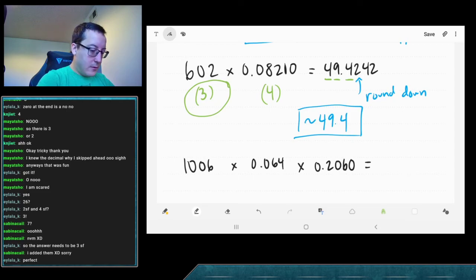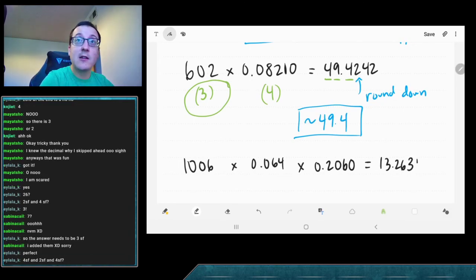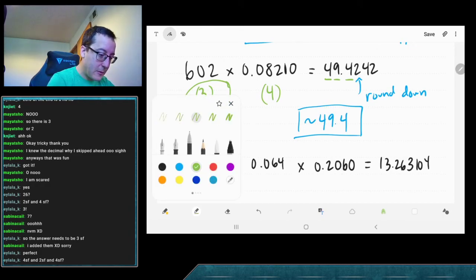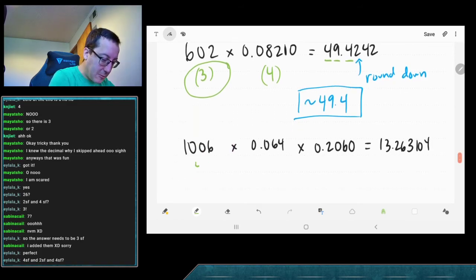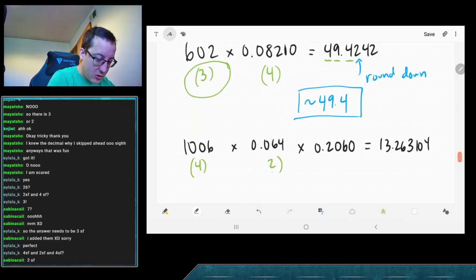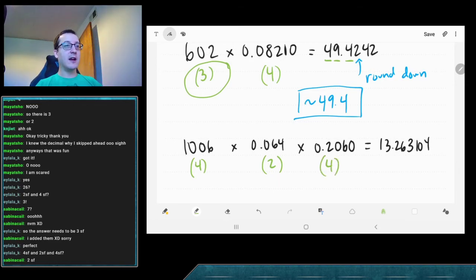So 64 times 0.206. Okay, cool. So plugging this in, you get this craziness. Absolutely right: 4 sig figs, 2 sig figs, 4 sig figs. So our answer needs to have 2 sig figs.